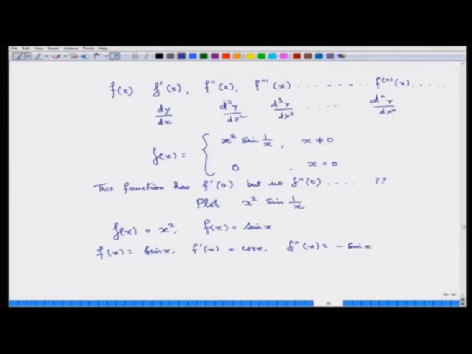So, f triple dash x is again minus cos x, and f 4 times x is sin x. So, you see there is a pattern which emerges, and I would like you to write down the general formula in this case.